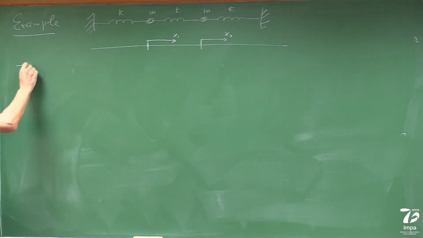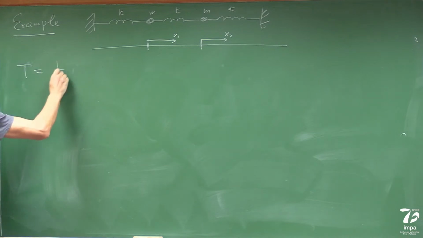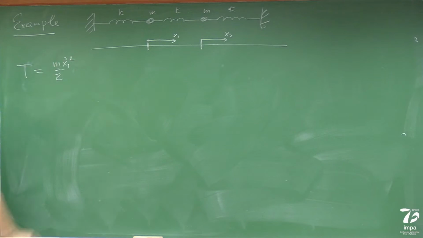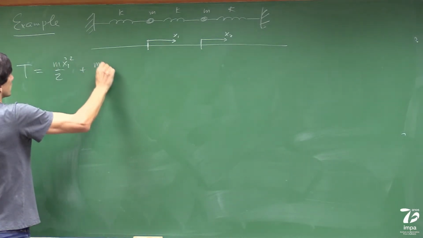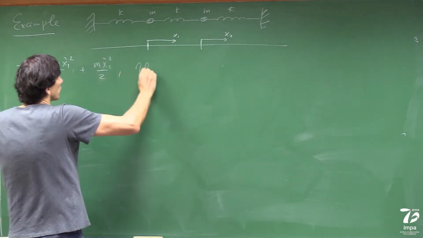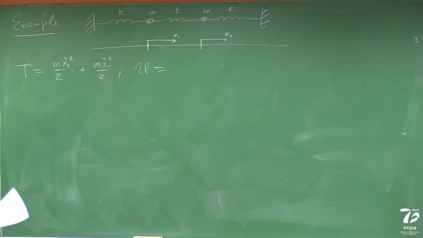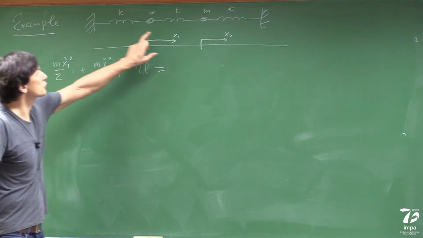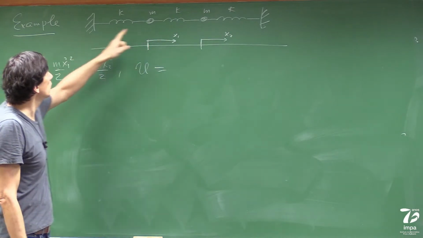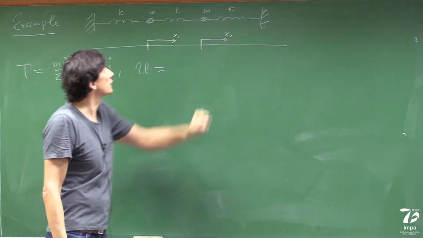So from this you can immediately write the kinetic energy. It's m x1 dot squared, mass times velocity squared, divided by 2 for the first mass and for the second mass. And then you can also write the potential energy. Potential energy is the energy of each of the springs. Right? So the interaction of the mass with the wall, between the masses, and the mass with the right wall.